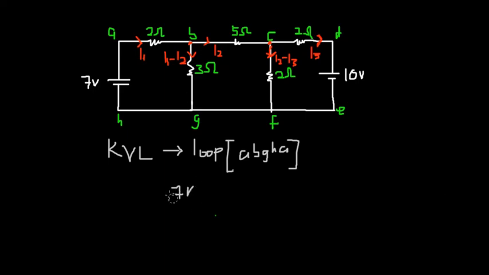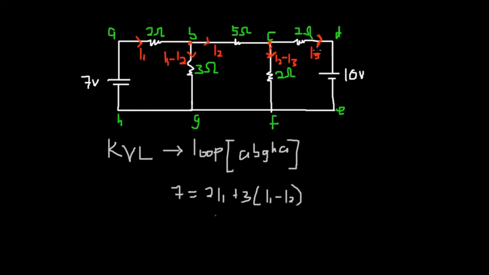You can just bring the volt, or you can just omit it. So let's just focus on the numbers first. So we have 7 volts equal to 2I1, and then this is moving in the positive direction. So we have positive 3, and then you open bracket I1 minus I2.